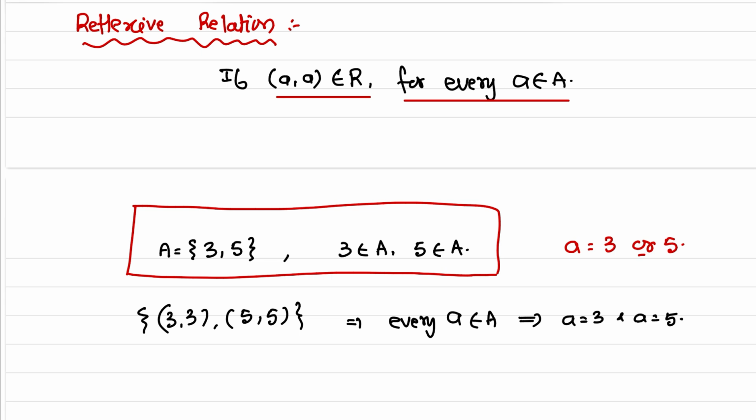Do you agree? This is not 3 or 5, it is 3 and 5. That means the relation should be defined for both a equal to 3 and a equal to 5.